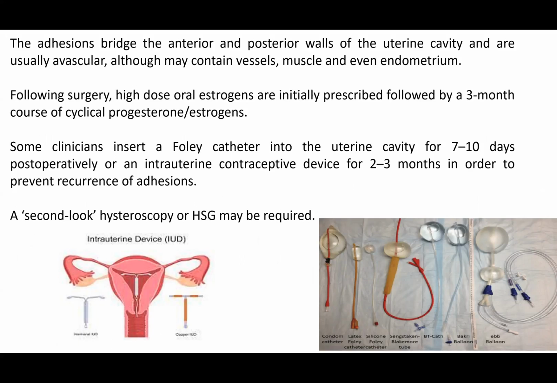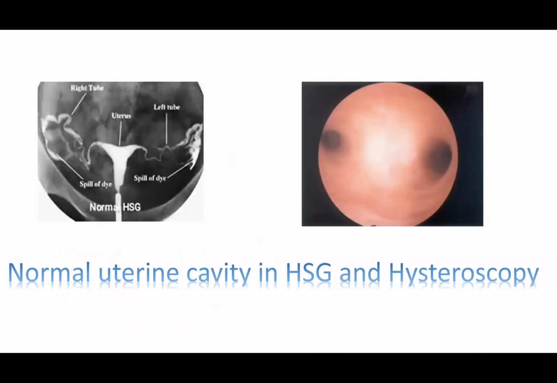If we remove them, we will try to use measures in order to prevent the re-adhesion, either by prescribing the patient estrogens or combined estrogen-progesterone, or inserting a Foley catheter in the endometrial cavity or intrauterine device. A second look hysteroscopy or hysterosalpingogram may be required within several months.